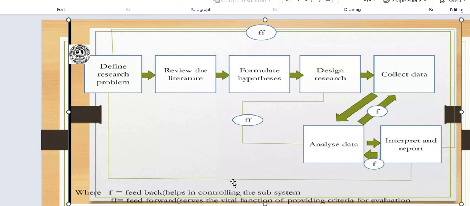Then we collect the data, analyze it, and interpret it and report from that data, and again that reverts back towards our research problem, where F is the feedback, which helps to control the subsystem. Wherever F is introduced, it helps control that subsystem, and F is a feed forward. That means it serves the vital function of providing the criteria for evaluation purposes.